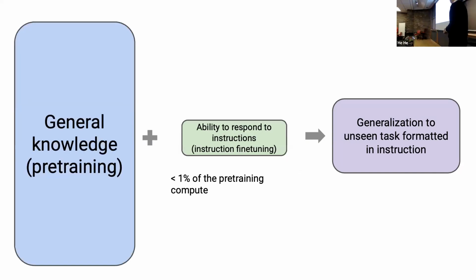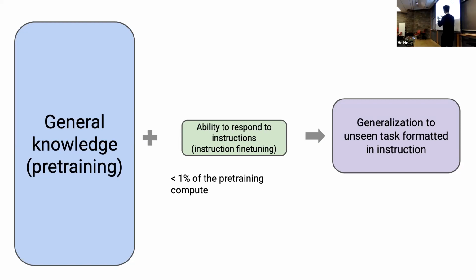In terms of the compute, instruction fine-tuning is really cheap compared to pre-training. And typically it's about 1%, or sometimes, for Flan-PaLM, I think it was like 0.2%. So we can probably think that we don't teach anything non-trivial during the instruction fine-tuning stage. Most of the heavy lifting is done, most of the knowledge is coming from pre-training.